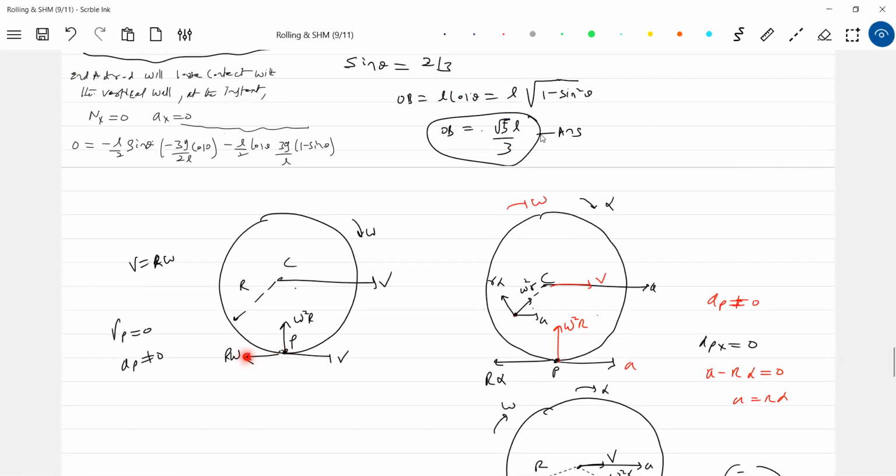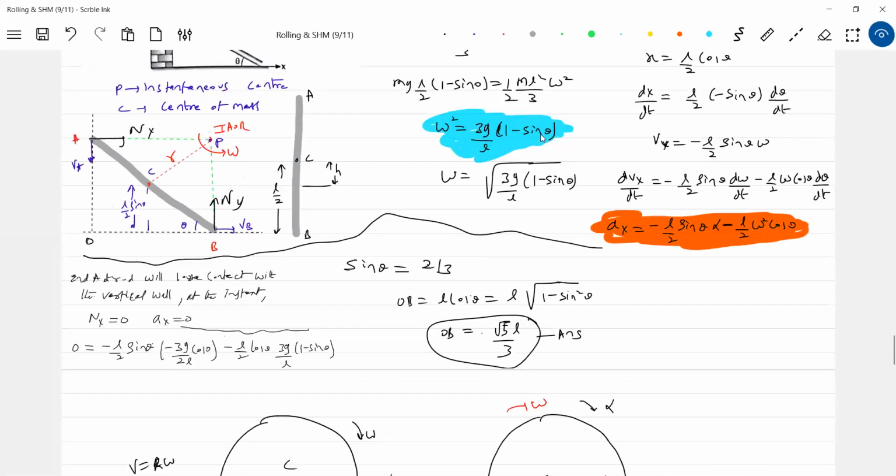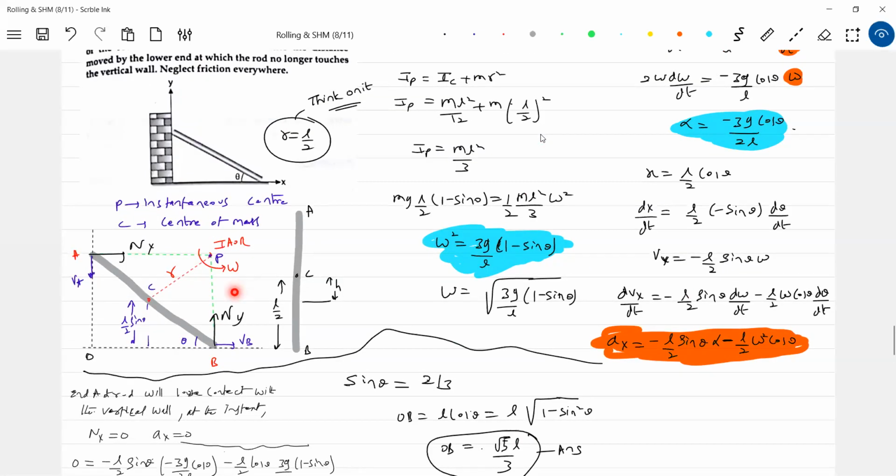So the rolling motion is the same thing. There are two frames. You stand on the ground: all bodies are rotating about the center of mass, and the center of mass is moving horizontally. If you come and stand at point P, then all points on the rigid body will rotate about the instant center. If you stand here, you see only rotatory motion. If you stand on the ground, you see both translational as well as rotatory motion of the center of mass. In books we are bothered more about omega.